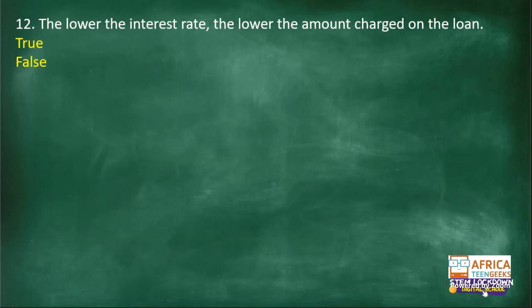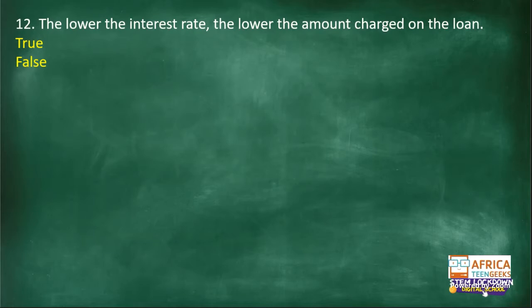Yes, this is true, because once the interest rate is low, then it means the total amount of the loan will also be low. But if the interest rate is high, then it also affects the amount charged on the loan. So if the amount charged on the loan is 50,000 rands, for instance, and the interest rate is 5%, it will be lower than if the interest rate was, say, 20%.